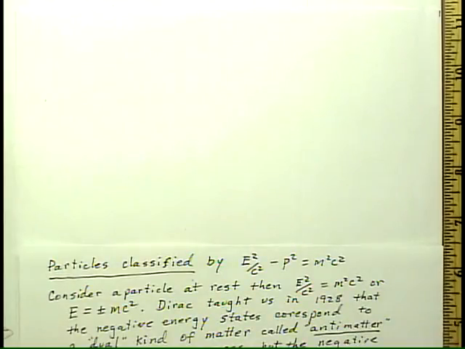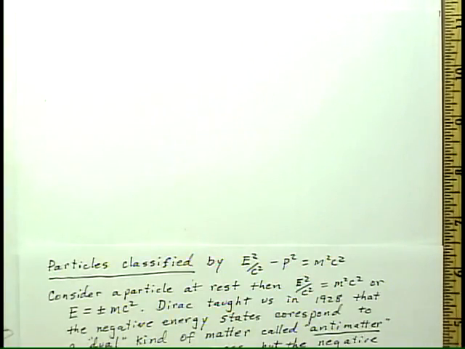Now we've already discussed the fact that there's an energy associated with the rest mass itself, E equals mc squared, as Einstein has taught us. But here we're getting something else. We're getting a possible negative energy. Everyone neglected these negative energies for a long time after the founding of relativity, thinking that they were just some type of spurious mathematical solution that was erroneous.